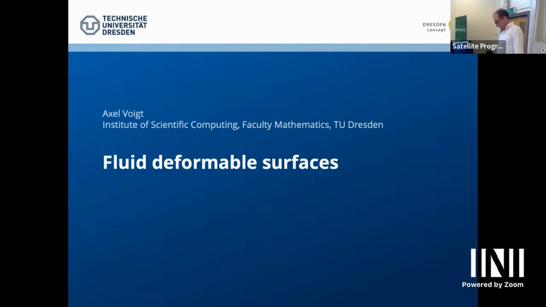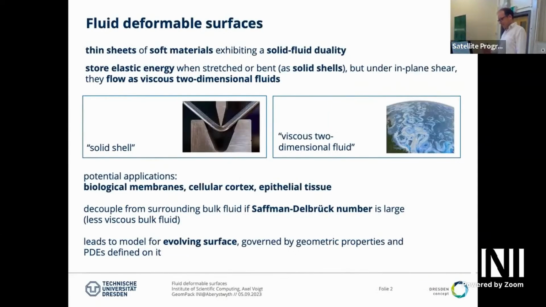Other people do this as well, pointing out that we are considering things which have some solid fluid duality. To motivate this a bit more, we are interested in thin sheets of soft materials with this property.